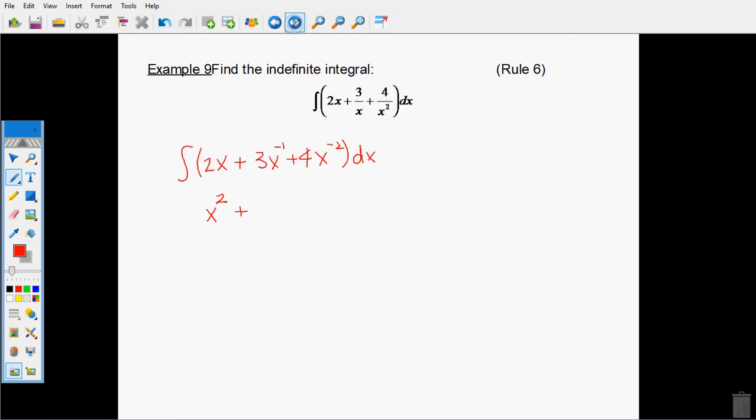Now, a red flag for you to remember that rule: if you're rewriting these, what I just did was say, oh, if I landed at -1, I would have had to start at 0, but that doesn't make any sense. So really I started at the natural log of x. 3 times the natural log of x. The derivative of the natural log of x is going to be x to the -1 or 1/x.